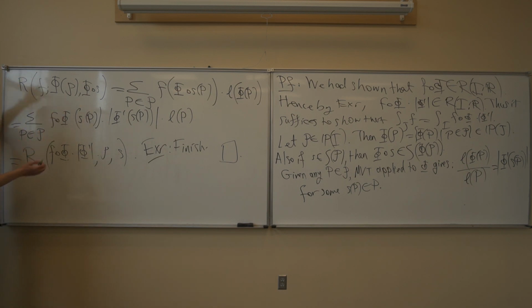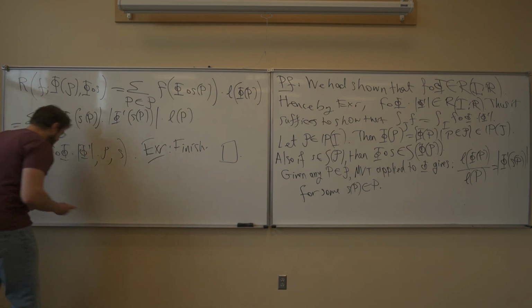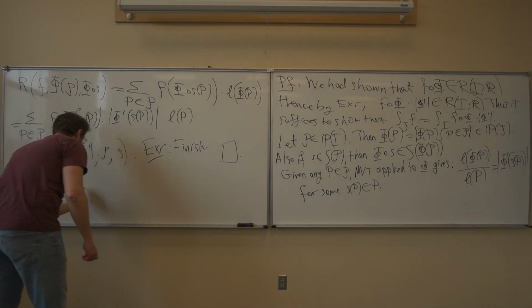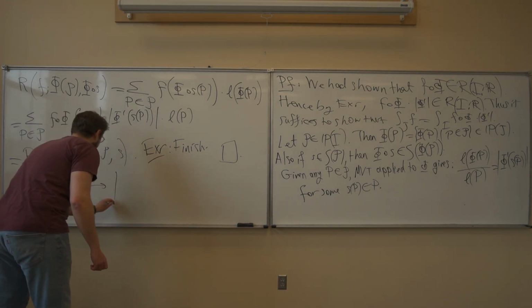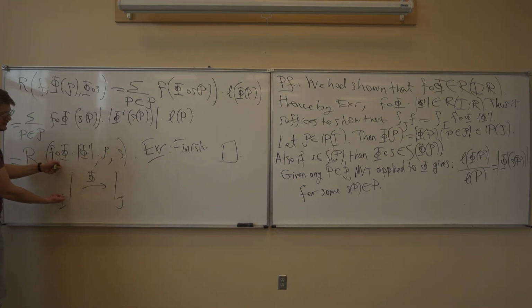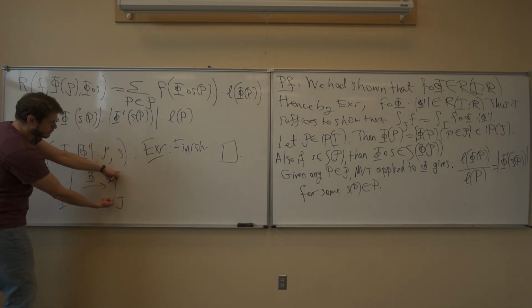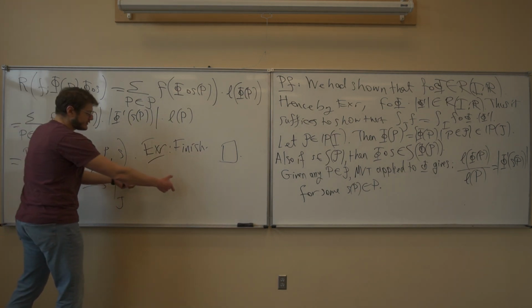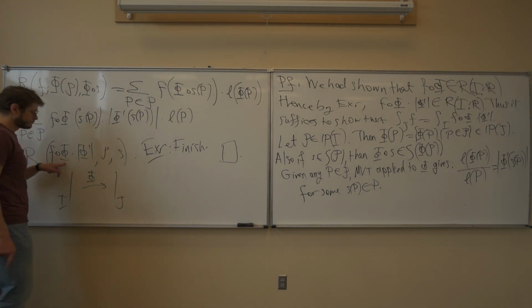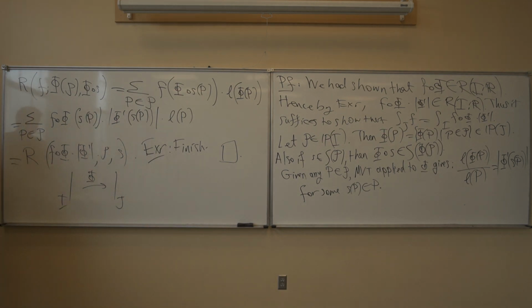So either you take a partition here and push it forward, or if you have a function here, you pre-compose it. And it turns out that at least at the level of finite Riemann sums, the equality holds. And when you take the limit over partitions, for instance, the same equality still holds. That's the main idea.